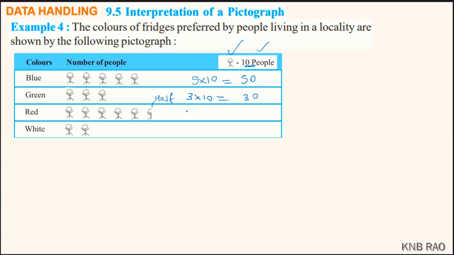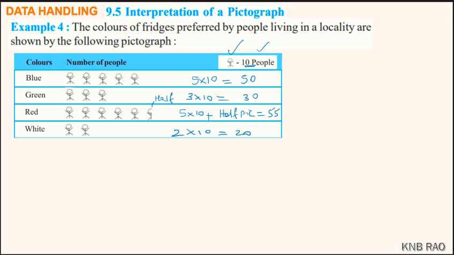You can say it is 5 into 10 plus that half picture, which maybe represents 5, and put together the total is 55. And in white there are 2 pictures fully drawn, that means 2 into 10, that means 20 people of that locality love white color fridge.